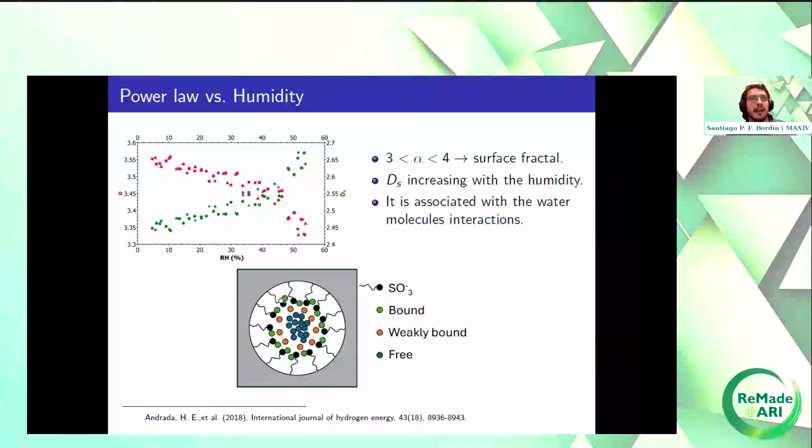At the beginning, there is a layer of water molecules that are bonded with the sulfonic group. Then we have a second layer that is weakly bonded to the hydrophilic part. At the end, we will have free water. So these processes are modifying the surface of our channel, that we can see here in the change in the fractal dimension in our sample.